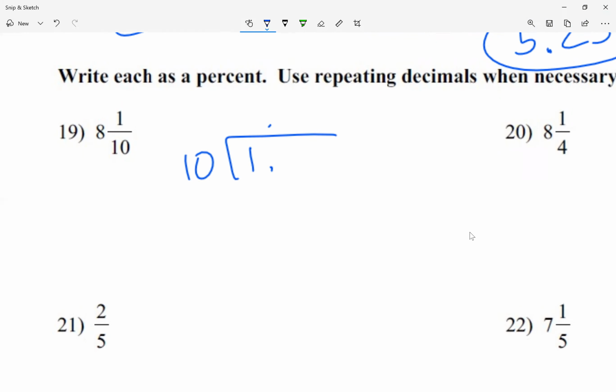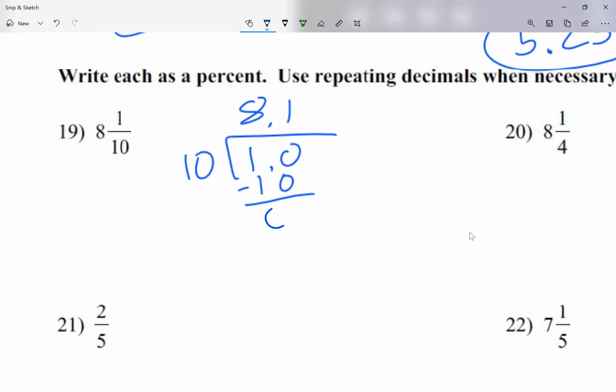Now, let me bring this here. I'm just going to do the fraction 1 divided by 10. My question is, how many times is 10 going into 10? But first of all, I see an 8 in front of the fraction, right? So I'm going to put an 8 in front of my decimal point. Okay, now I'm asking how many times is 10 going into 10? It goes in one time because 1 times 10 is 10.